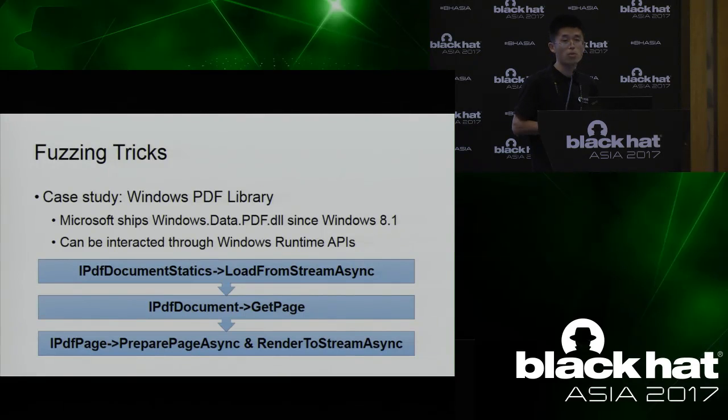So here, if we want to render a PDF file, we can call the load from string async interface of IPdfDocumentStatics, and then we can get a page of the PDF file by calling the GetPage interface of the IPdfDocument, and then we can render the page by calling the PreparePageAsync and the RenderToStreamAsync interfaces of the IPdfPage.